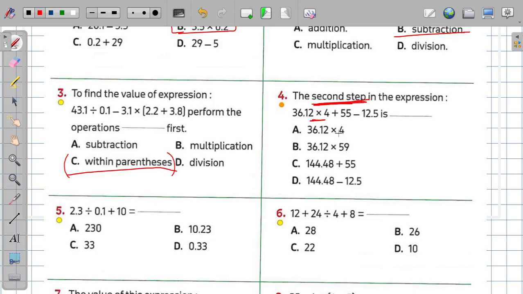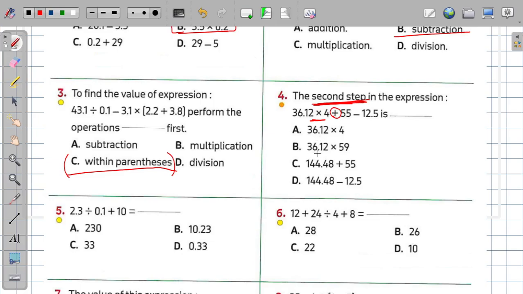But what is the second one? I think it is the addition operation, but I will add what to what? I think I will add the result of the multiplication operation to 55. So what is the result of the multiplication operation? So I have 36.12 multiplied by 4. This is the first one, not the second one.